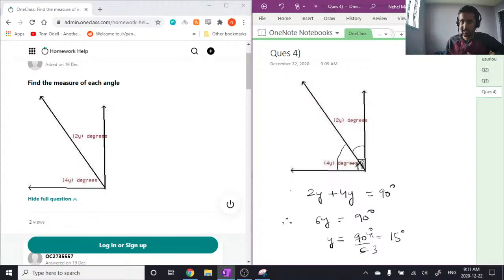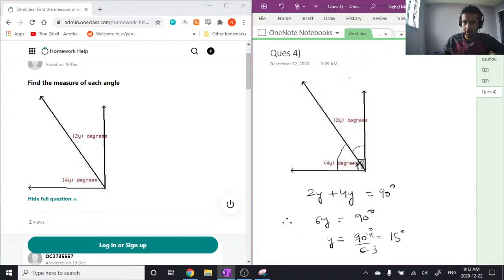Now with questions like these, even though they can be deceptively easy, we need to look at what the question is asking for. The question is asking to find the measure of each angle. So even though we got the value of y, that is just the variable. We didn't get the value of the angle.